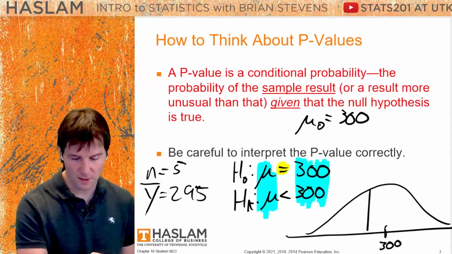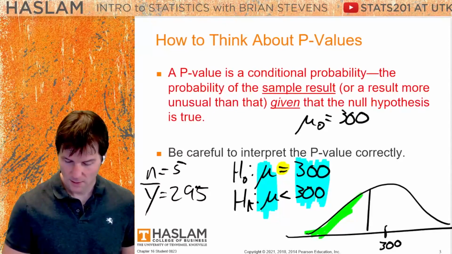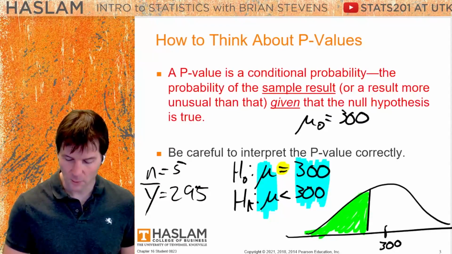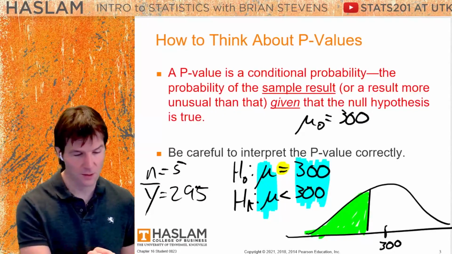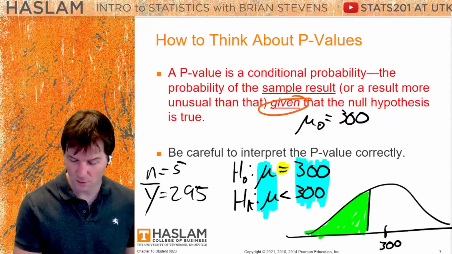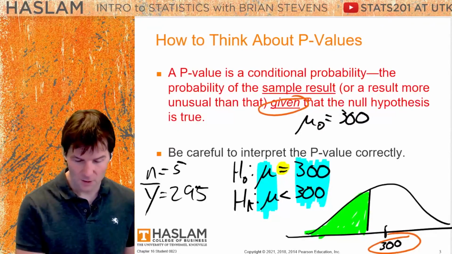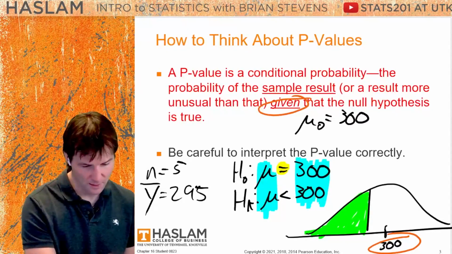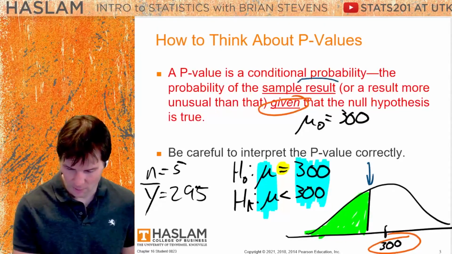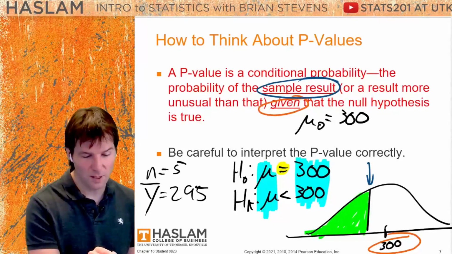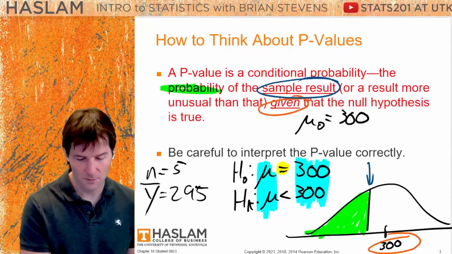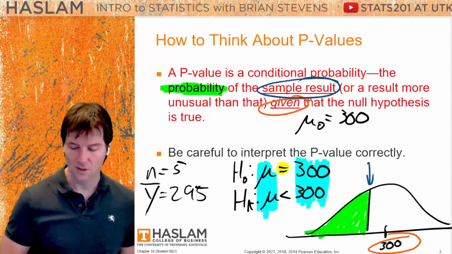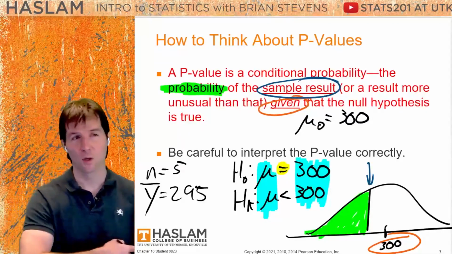So what is this p-value telling us? It's telling us that if they are a 300-pound bencher, so here's the given the null is true, and our sample result is going to be this line right here, then the p-value is telling us the probability. So does it look like something like that could occur every so often?